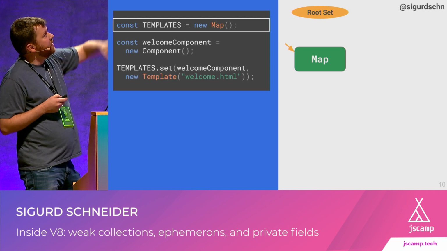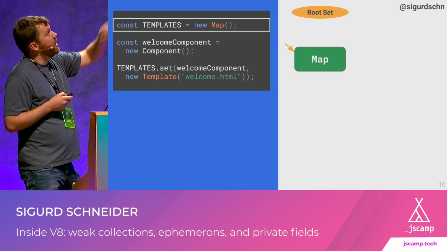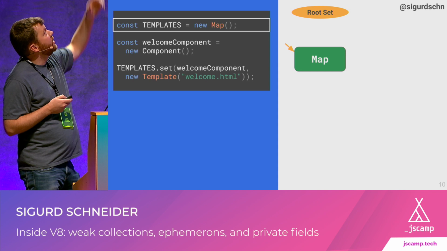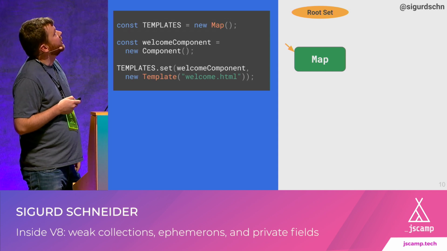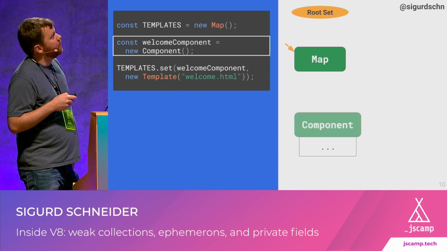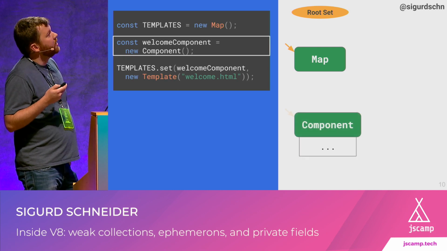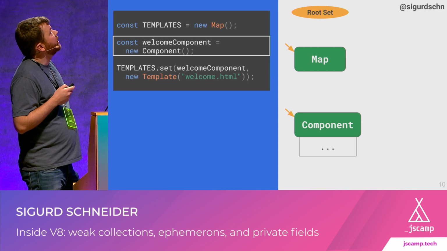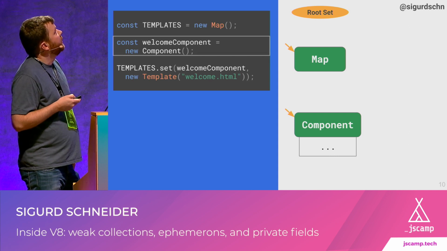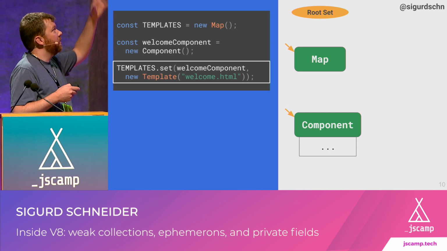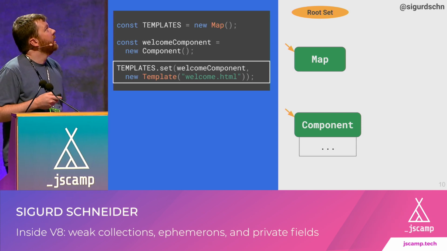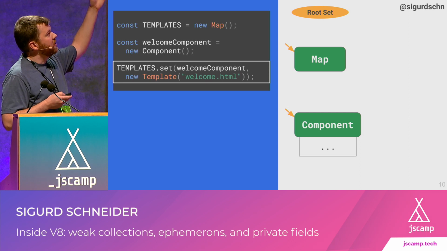So when this line is executed, you create the map in the heap, and it's in the root set because we have a global variable called templates that's holding it. Then you create the component, the welcome component. It's also in the root set because we have the welcome component variable. And then you say, well, the template for this component is stored in some welcome HTML, and we execute this line.